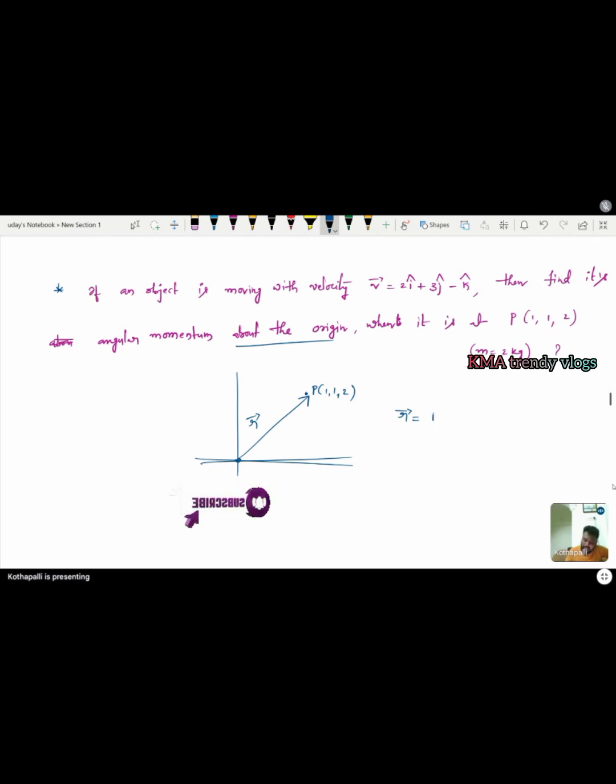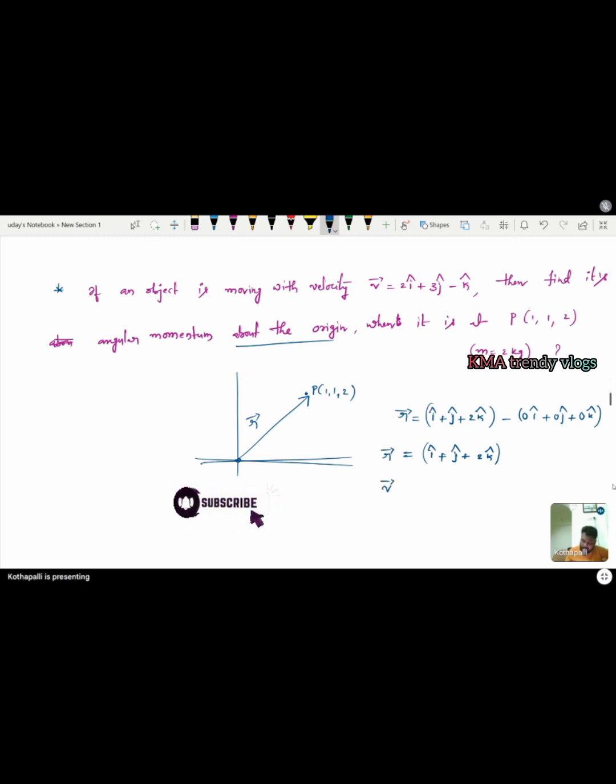That is nothing but i cap plus j cap plus 2k cap minus 0 i cap plus 0 j cap plus 0 k cap, the origin, no. So which is nothing but i plus j plus 2k. This is our r vector.